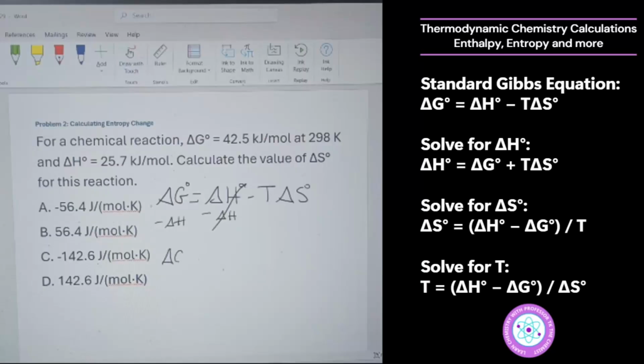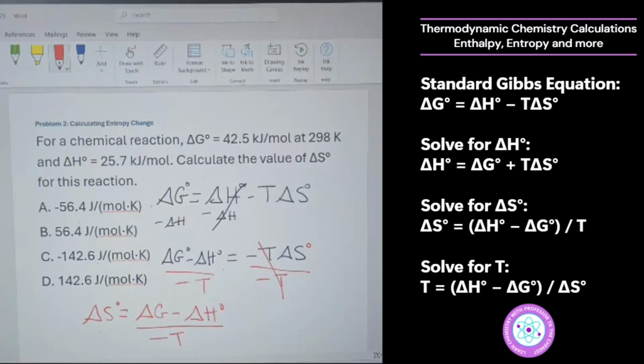So I end up with delta G minus delta H equals negative T times delta S. Now, I need to get delta S by itself, so I'm going to divide both sides by negative T. So now the delta S formula is equal to delta G minus delta H divided by negative T.